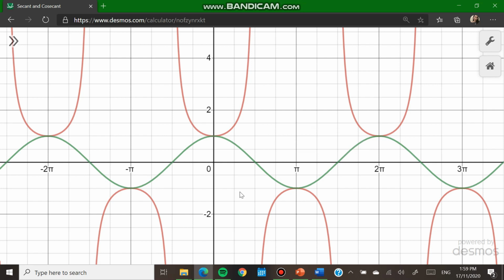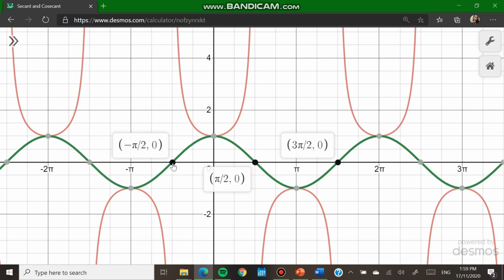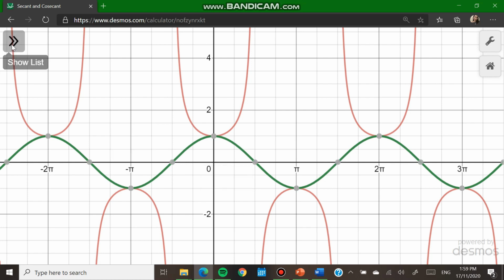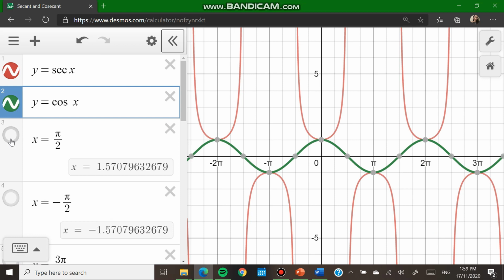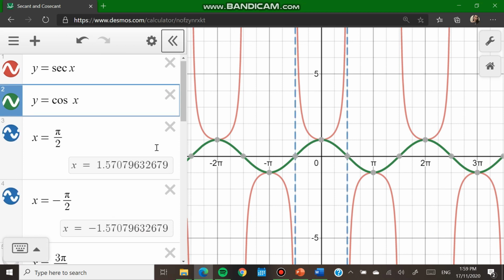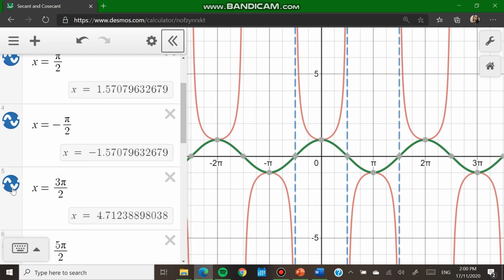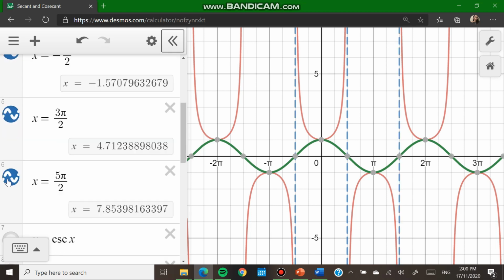Now, what does it mean if the values are undefined? If the values are undefined, that means these values are not part of our graph. So if I put here the negative pi over 2, we have the pi over 2, the 3 pi over 2, and let's also put 5 pi over 2.